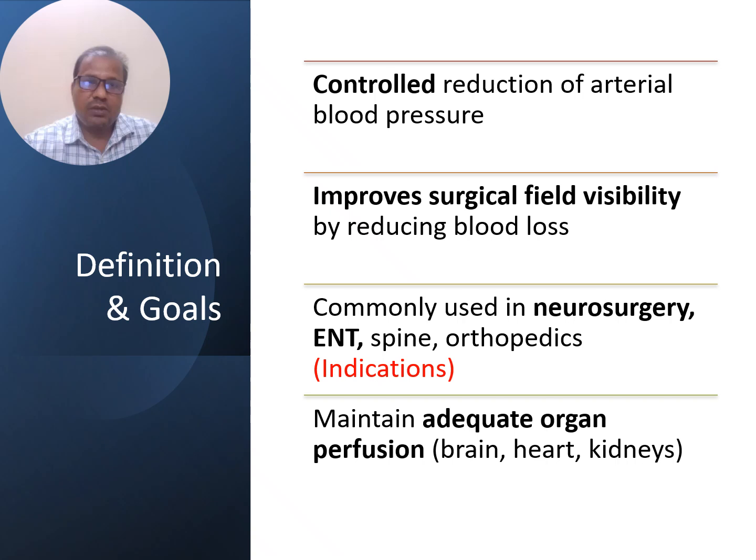What are the indications, or where we will apply the hypotensive anesthesia? In case of neurosurgery or ENT surgery, and operation of spine or some other orthopedic operation, we can apply the hypotensive anesthesia.